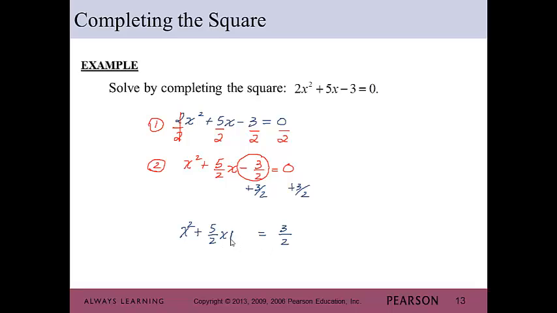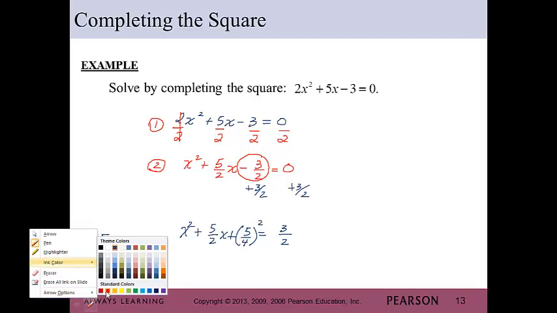Remember, complete the square by taking the middle coefficient and dividing by 2. So over to the side, it will be 5 over 2, so 5 halves, divided by 2, which is the same as saying 5 halves times a half, which is 5 over 4. So 5 over 4, whole thing squared. Whatever you add on the left side, you also have to add on the right side.